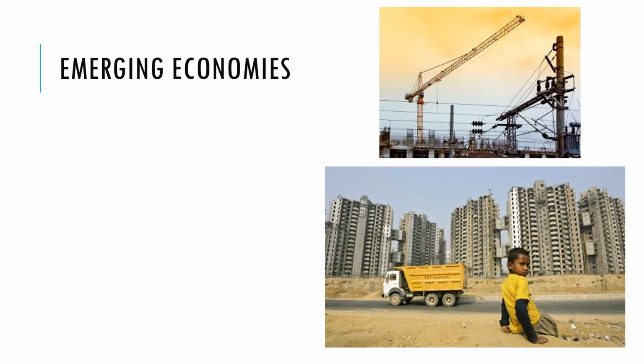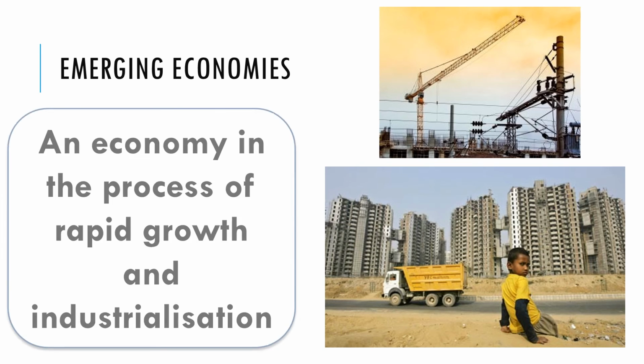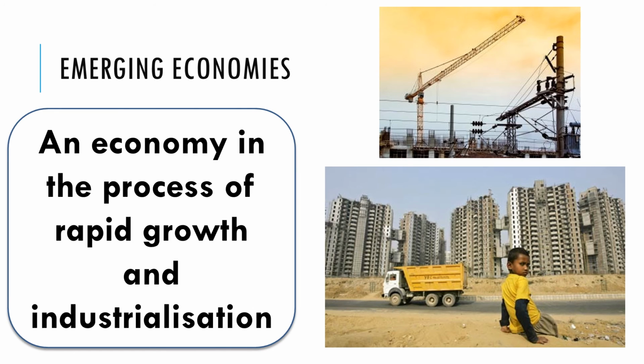By contrast, we group some economies as being emerging economies. And what do we mean by that? Well, we would describe emerging economies as being economies in the process of rapid growth, so catching up with the developed economies, and going through a process of industrialization, moving more away from primary sector and towards secondary and some even towards tertiary sector industries.